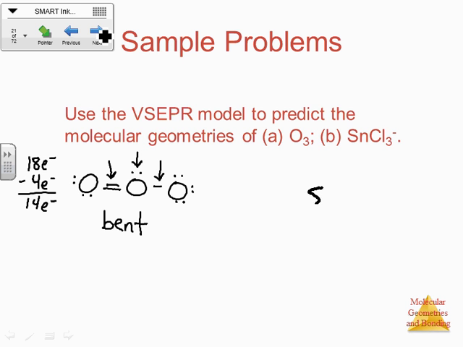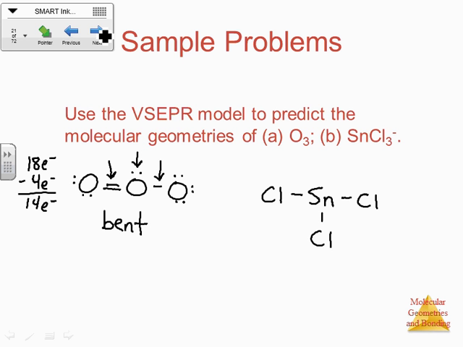Next, SnCl3 minus, with Sn in the middle. This is a little bit weird because typically we're not used to seeing a metal and a non-metal combining in this way, but that's how this one works.